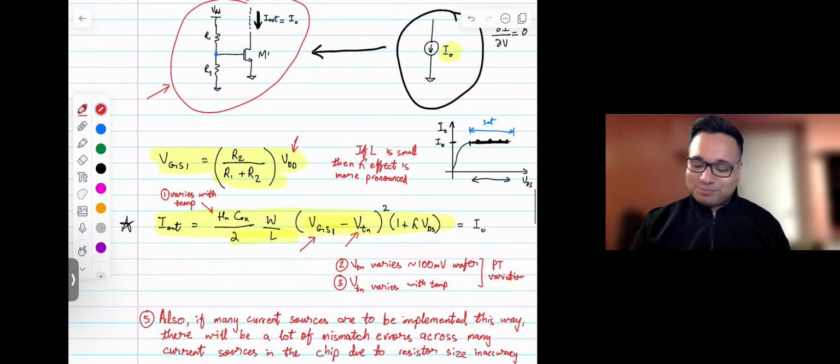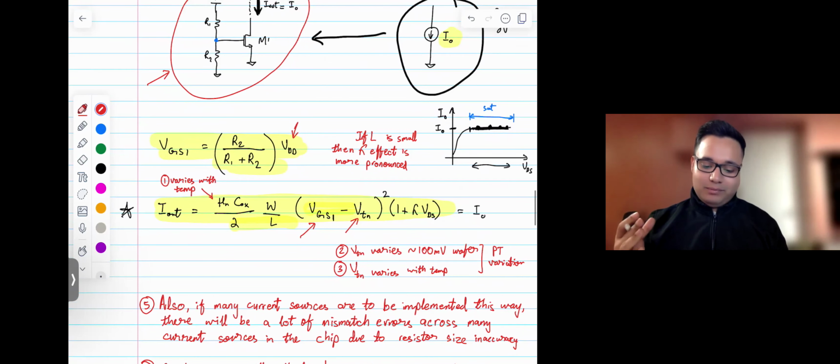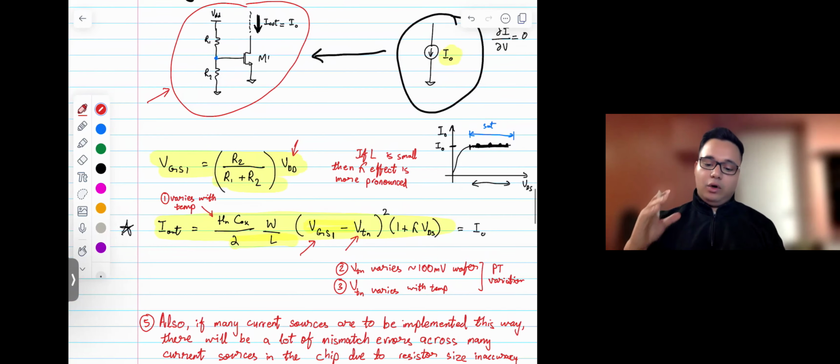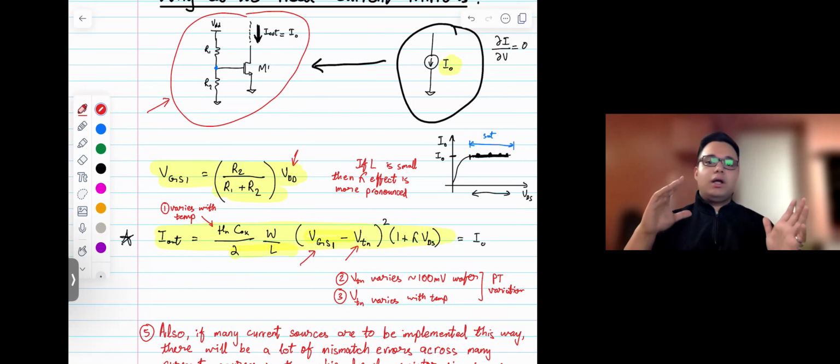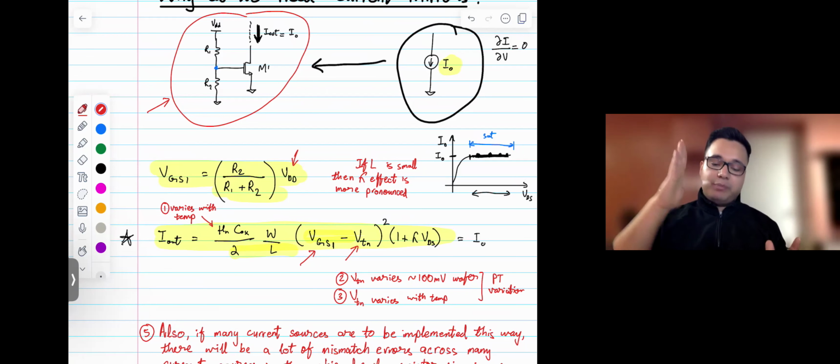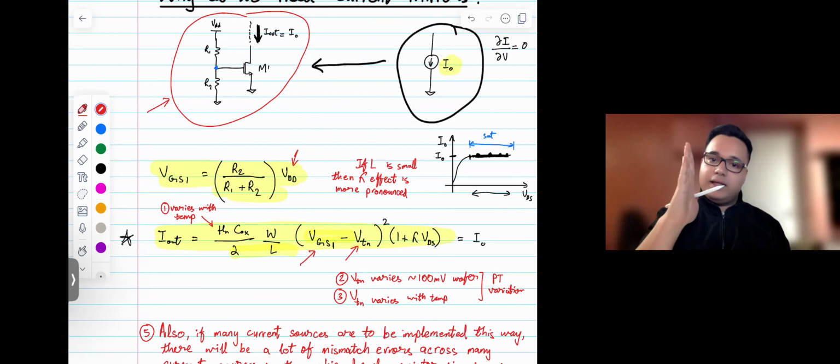So suffice it to say that if you're designing this circuit, hoping that it would work under different conditions, temperature, voltage, process, and that it's going to draw a very precise current, I naught, like an ideal current source, then that wouldn't be the case in practice.